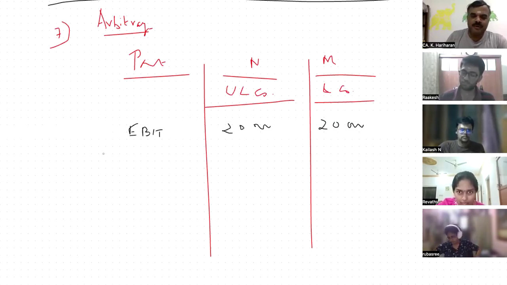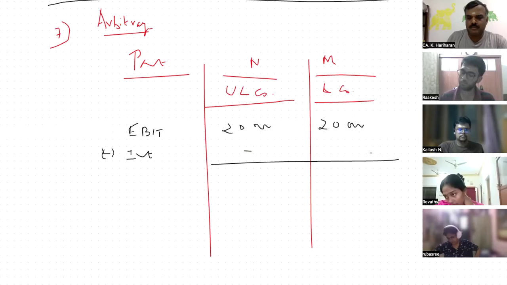Therefore, earnings before tax comes to 20,000 minus 7,000, which is 13,000.